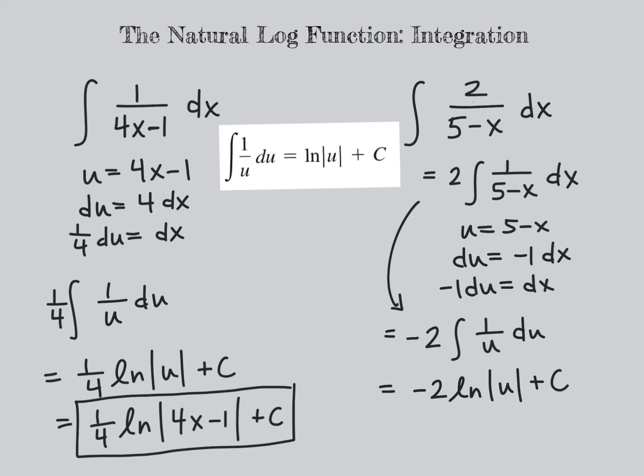So we finally integrated there using our rule. Then we want to back substitute, of course, because our original problem is in terms of x, not u. We'll replace u with what it equals, which is 5 minus x, close the absolute value, plus c.